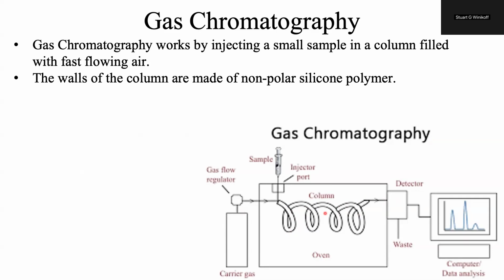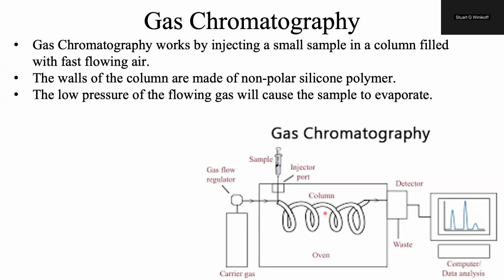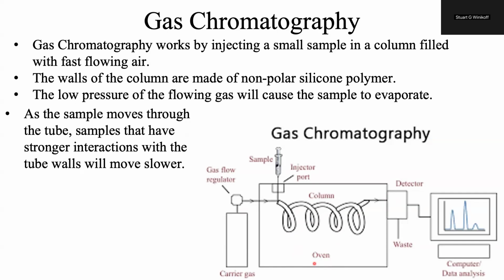In comparison, smaller compounds are going to be more volatile, and so they should travel a little faster as they will evaporate in that low pressure of flowing gas. We can also speed up this process by heating the sample. The GCs will also act as heaters to push the sample through at a regular interval.